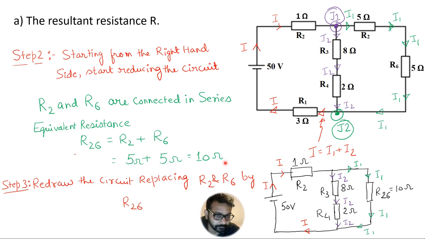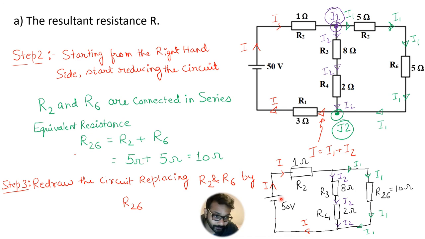Now after this step, what I would do is redraw the circuit, replacing the two resistances by its equivalent resistance, right? So I'm going to replace R2 and R6 by the equivalent resistance which I've just calculated, and redraw the circuit.